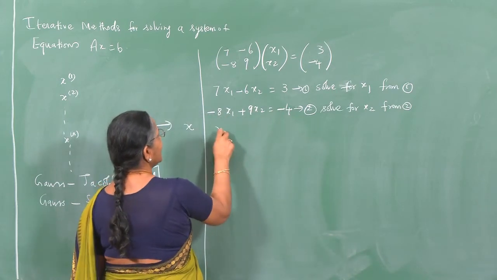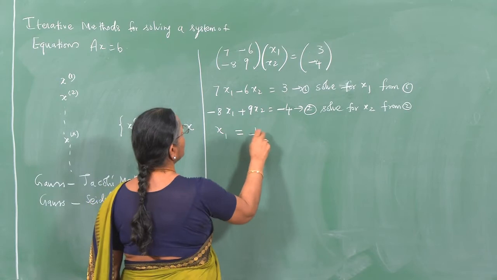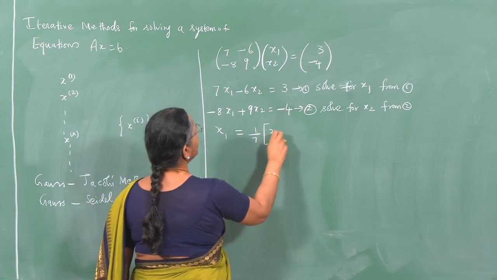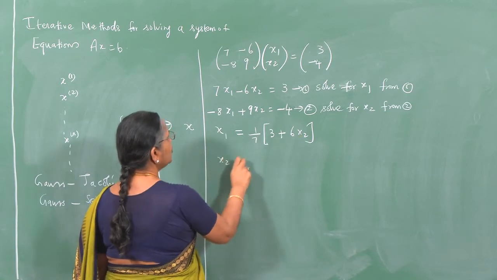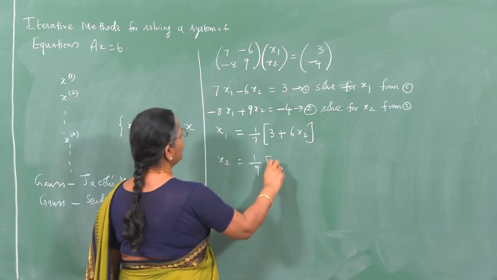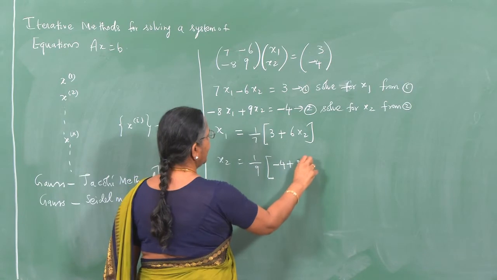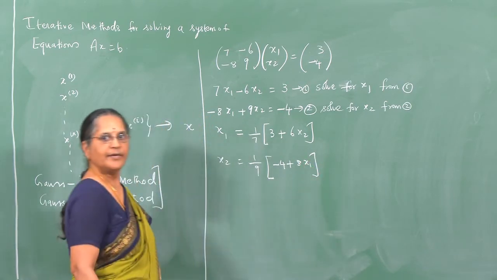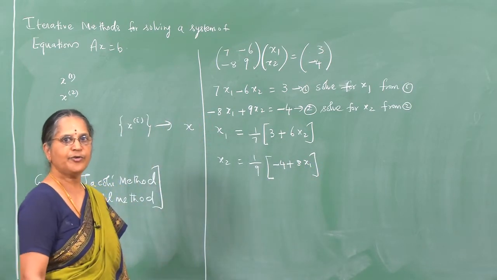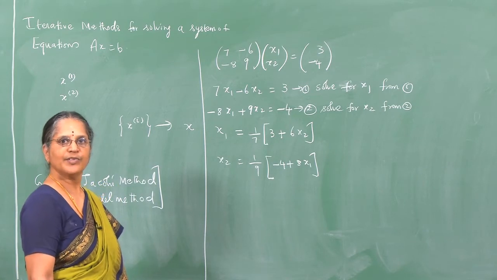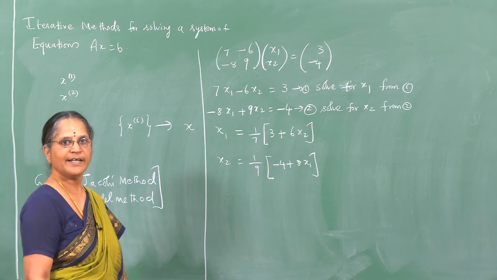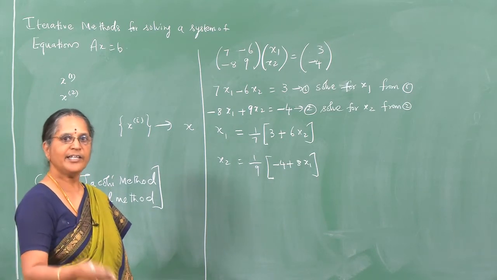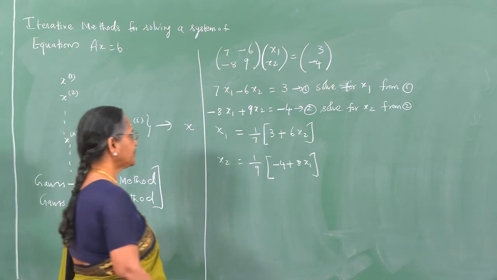Then I get x1 = (1/7)(3 + 6x2), and x2 = (1/9)(-4 + 8x1). This is the first step that I do when I want to apply the Gauss-Jacobi method. Now, since it is an iterative method, I must start with an initial approximation.